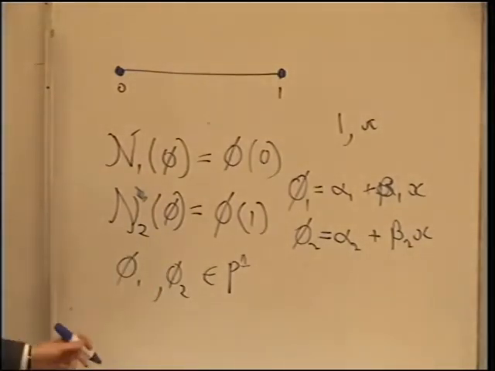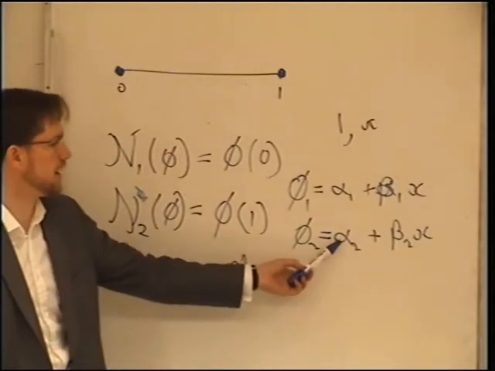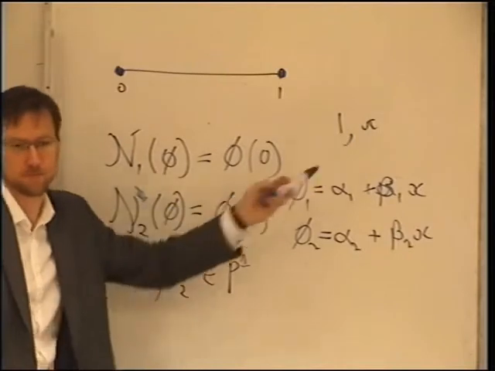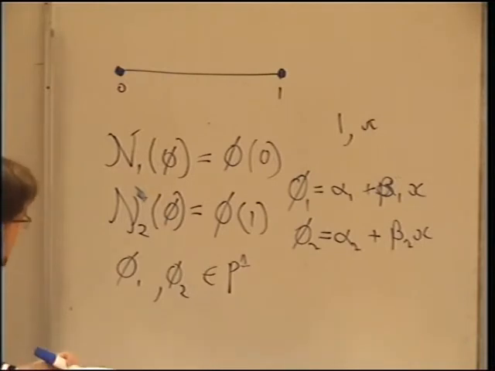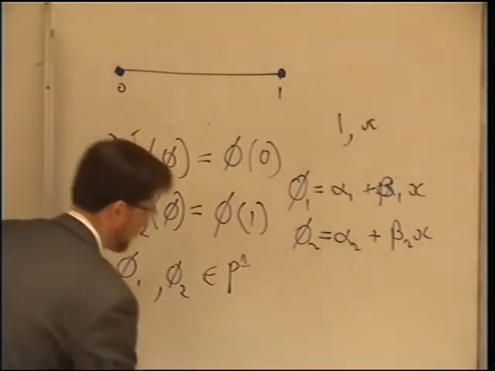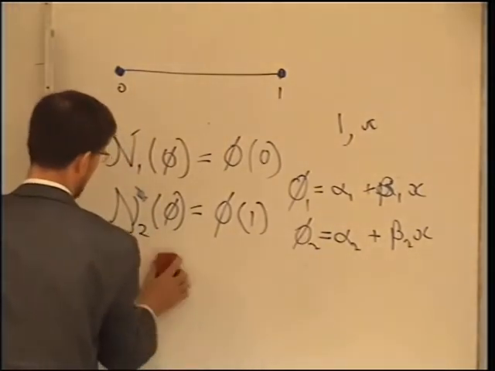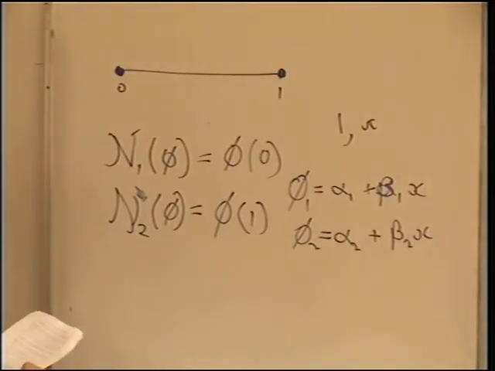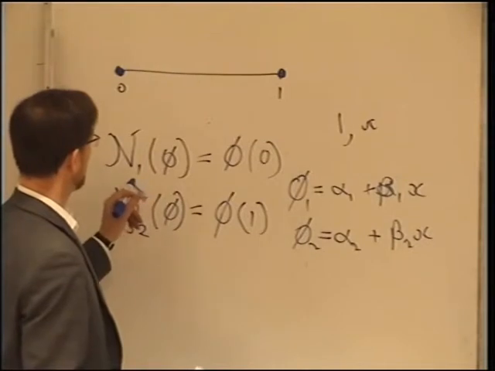So that's all I'm saying, is somehow I can represent these functions as some coefficients times this basis. So now I can take one of these, so let's take phi 1 for starters, and I can substitute phi 1 in here.